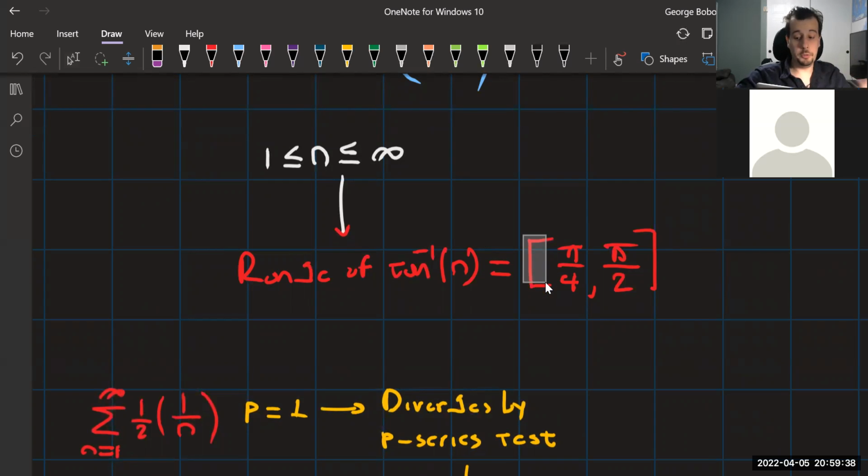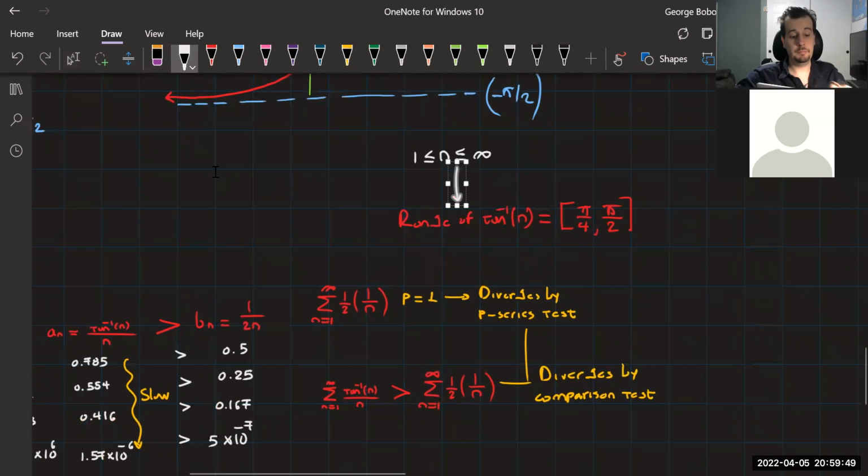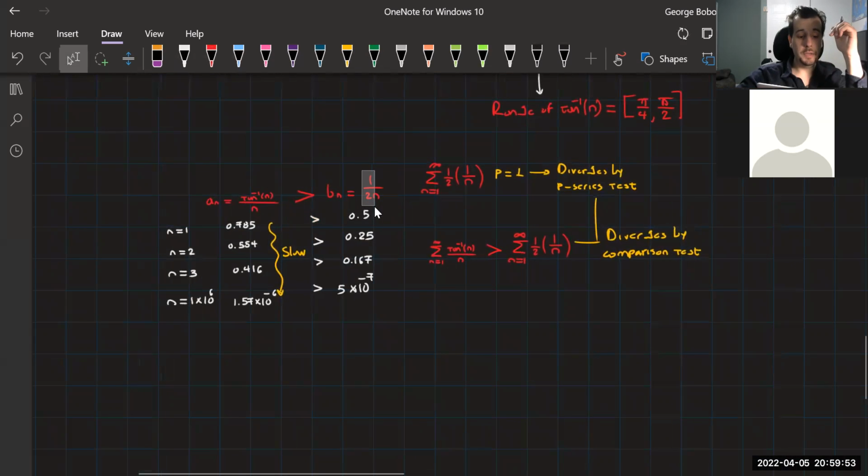Okay, it could have been 1/4, anything, 1/5. But something that is smaller than pi over 4 will consistently give you a smaller series. And that's how we did it. So it doesn't matter if you pick that to be 1/2, 1/4, 1/6, 1/24. It doesn't matter because this is a constant and this will still be a series that diverges.